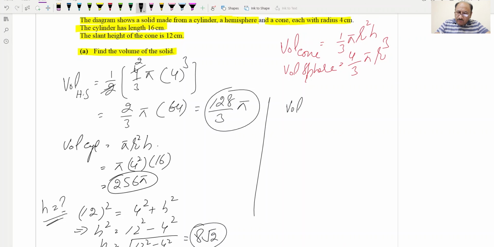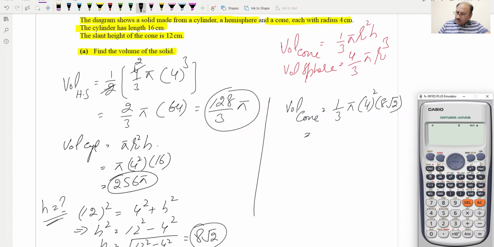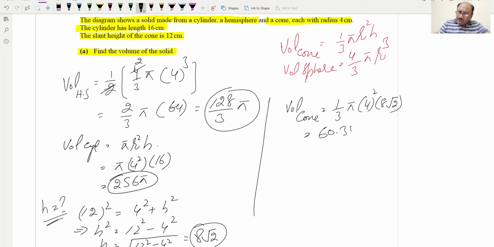So volume of cone will be equal to 1 by 3 pi r square, meaning 4 square, into h, which we just calculated 8 root 2, and in terms of pi we will calculate, so 1 over 3 multiplied by 4 squared and multiplied by 8 root 2, and this is giving us 60.34 pi.